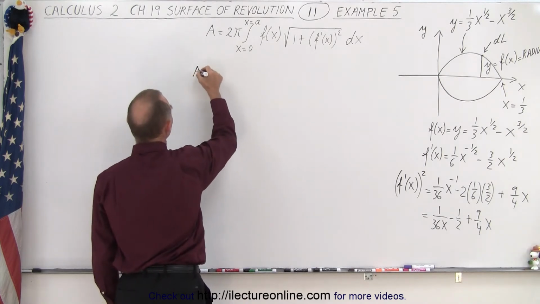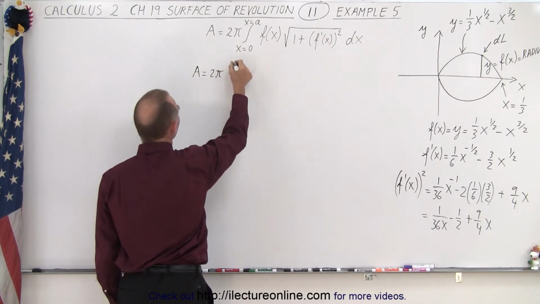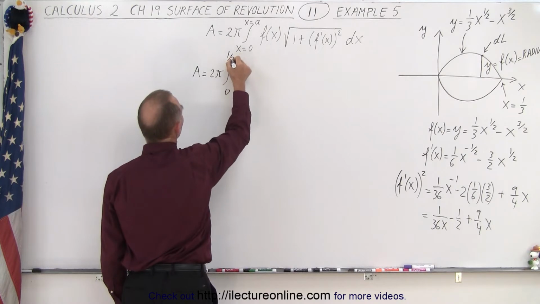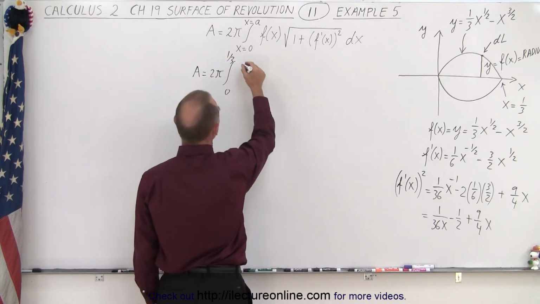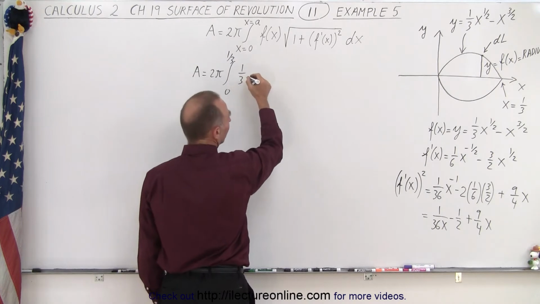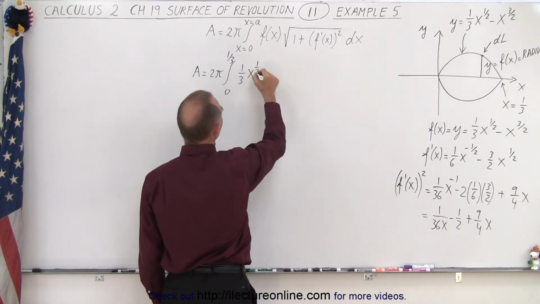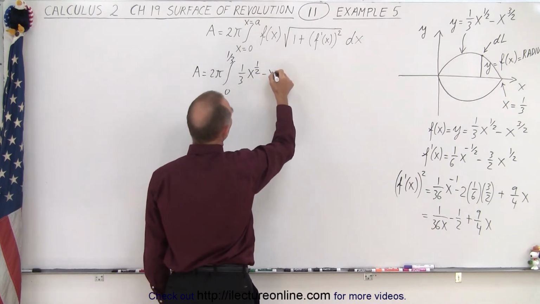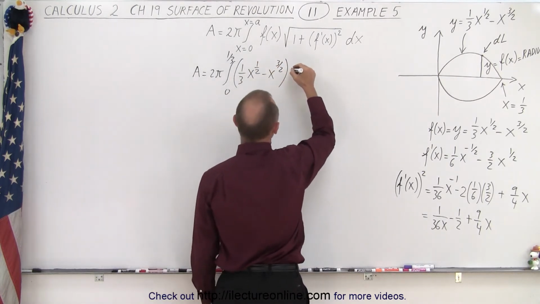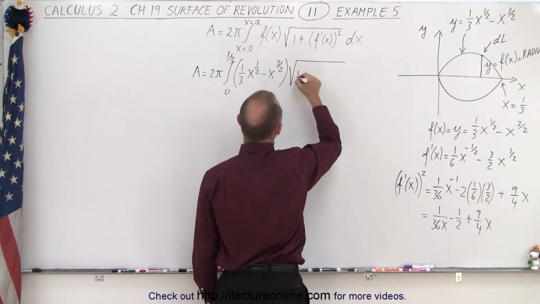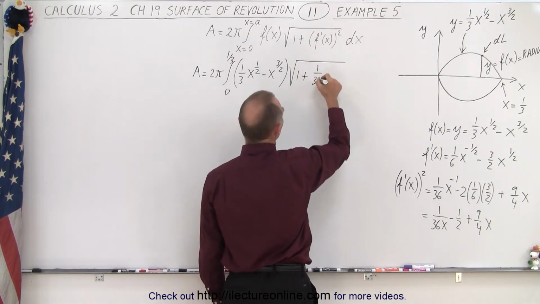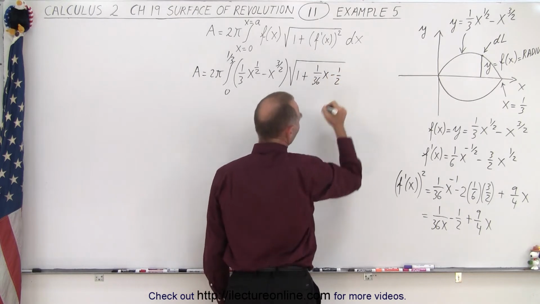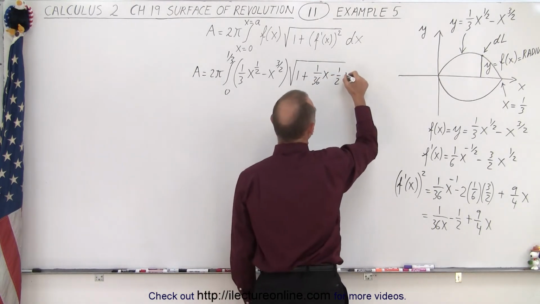We have area is equal to 2 pi times the integral from 0 to 1/3 of f of x. F of x is going to be this here. That's going to be 1/3 x to the 1/2 minus x to the 3/2 multiplied by what's inside the integrand, which is the square root of 1 plus 1/36x minus 1/2 plus 9/4x.